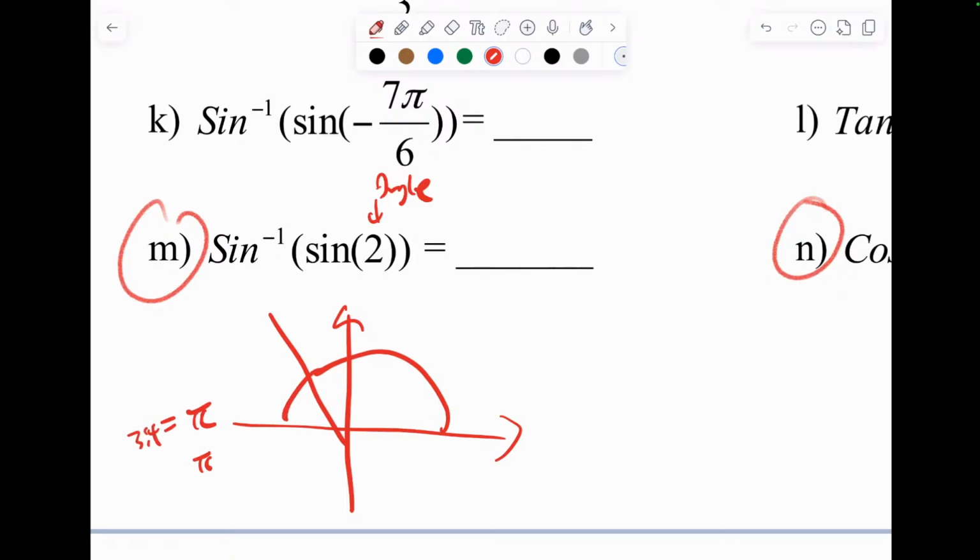So from here is pi, but you want it to be sine inverse, so that means you want the same result on this side. That gives you the same output, right? So what would it be? Pi minus 2. You said 1.1. I don't know how we did. That makes sense.